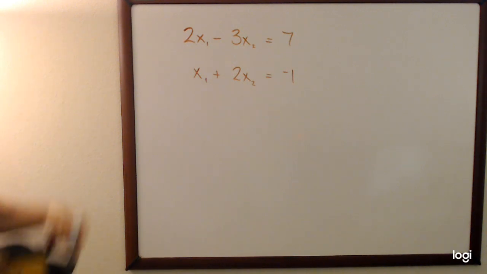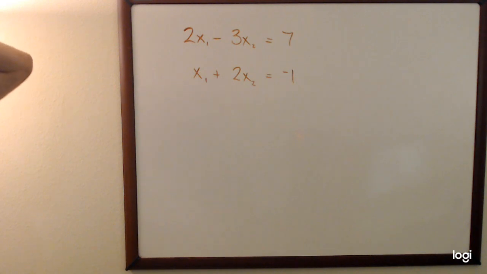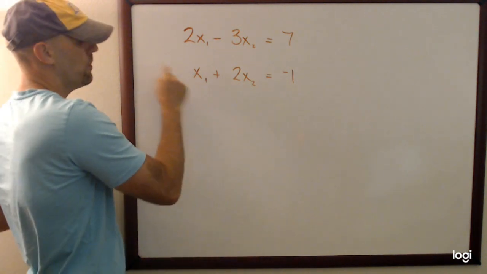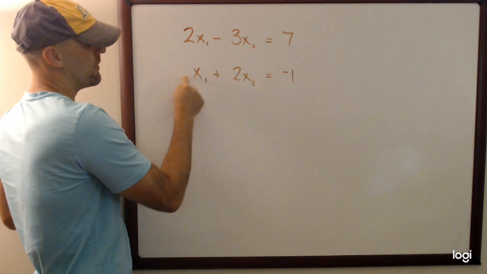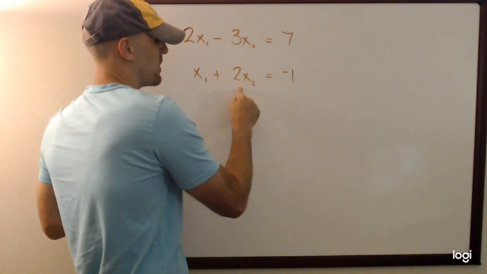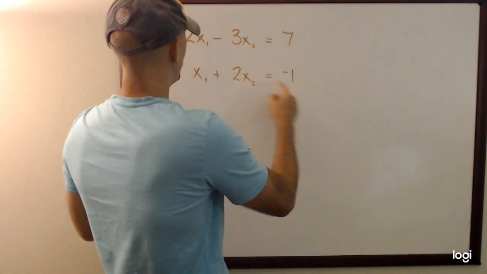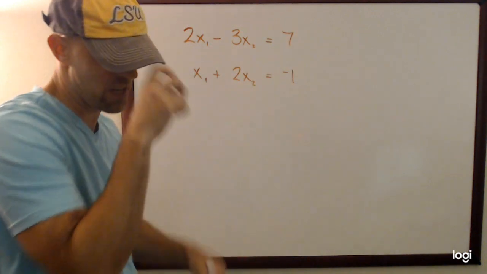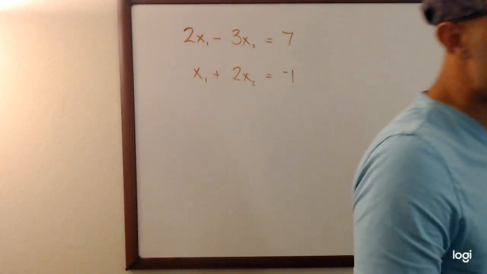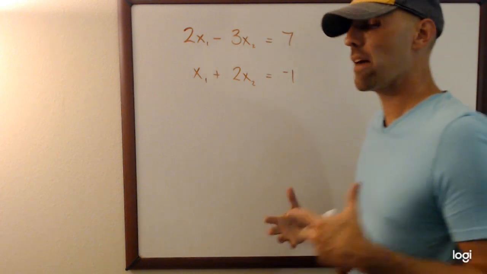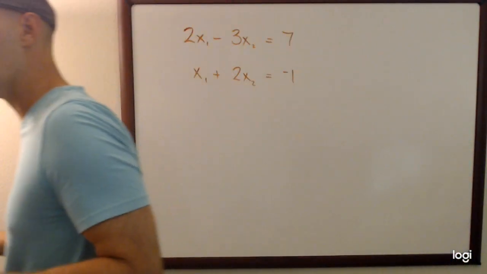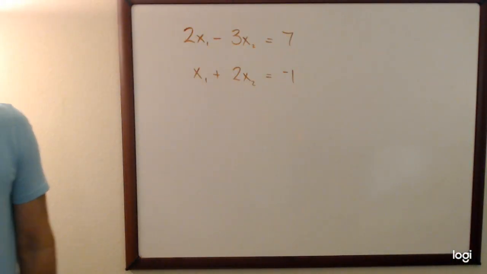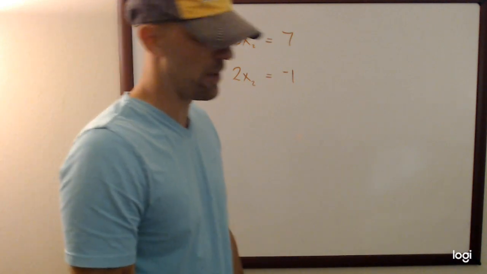So for example, if I multiply my bottom equation by -2, this would be -2x1 minus 4x2 equals +2. Then I can add the two equations together. That'll remove one of my variables. But again, doing that for a very large system is a lot of steps. So what are we going to do? We're going to do something else, okay?